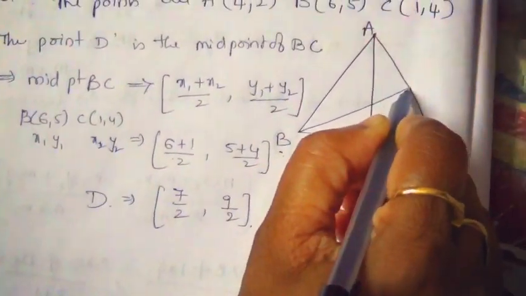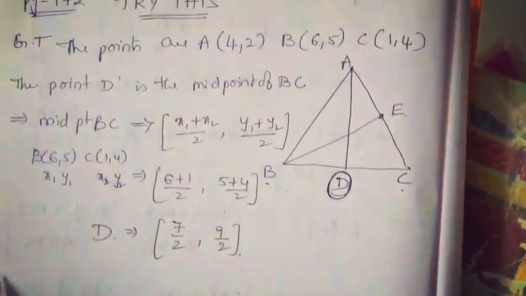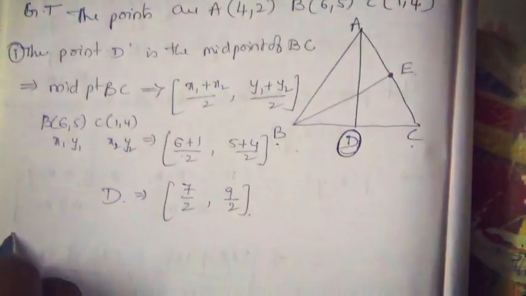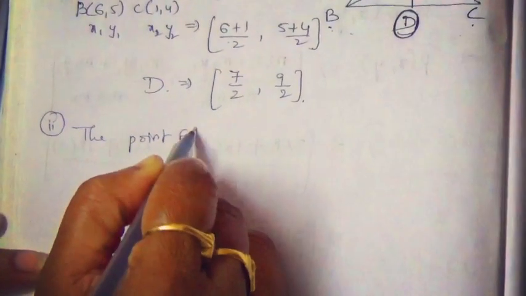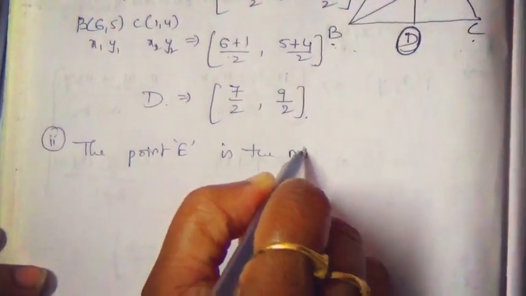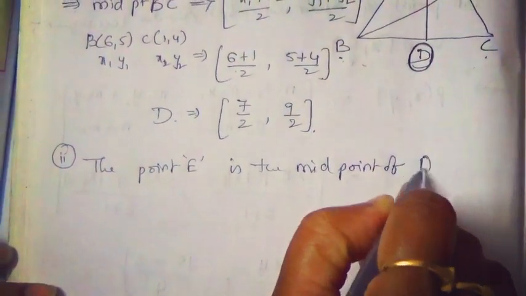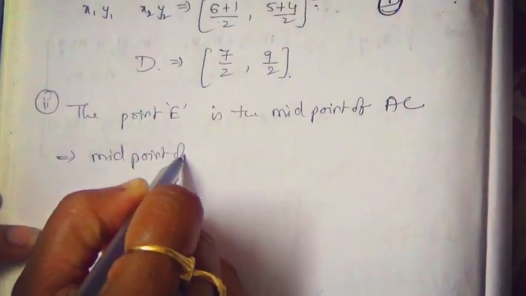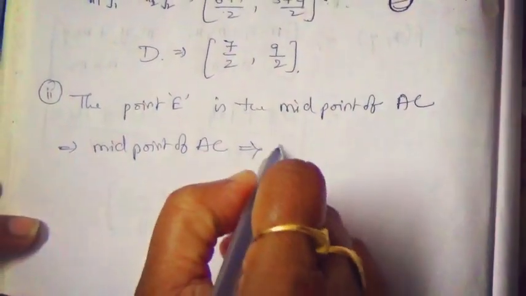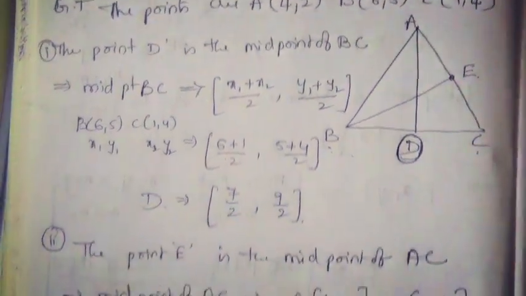Okay, so let us take the other point, that is the midpoint E. So the midpoint of AC. The point E is the midpoint of AC. So that implies the midpoint of AC is, A is 4, 2, C is 1, 4.